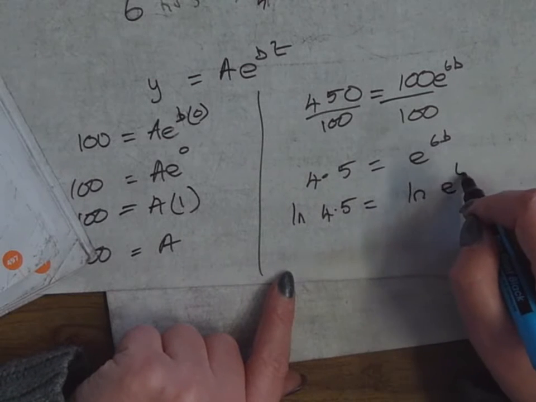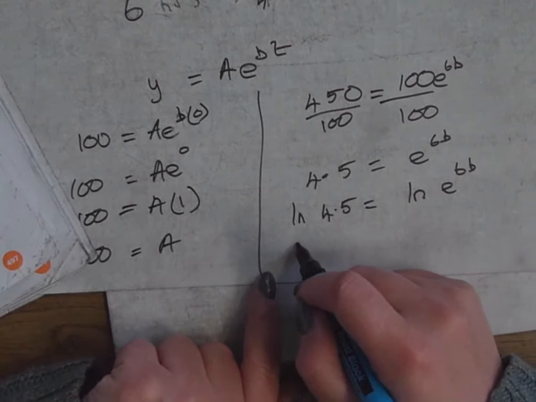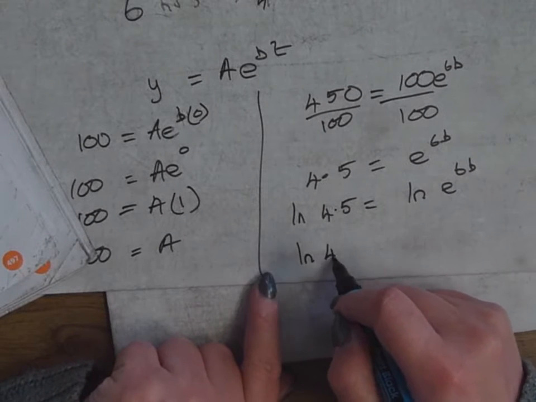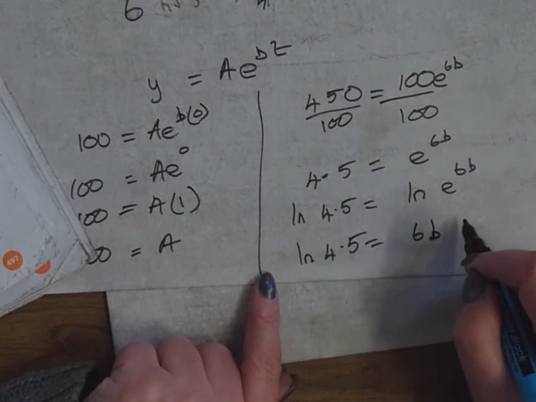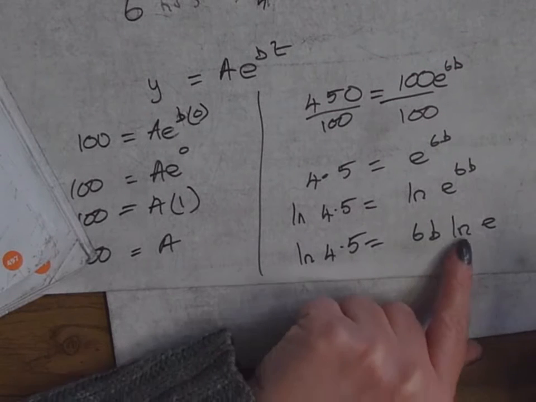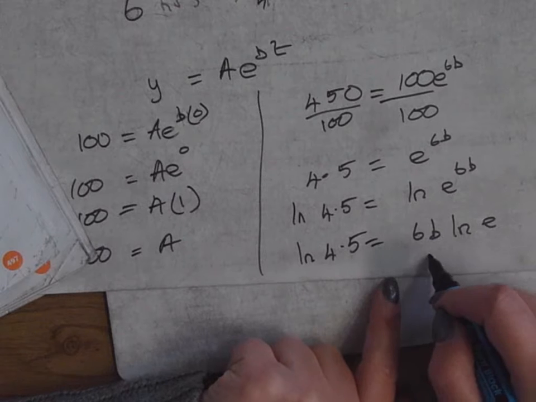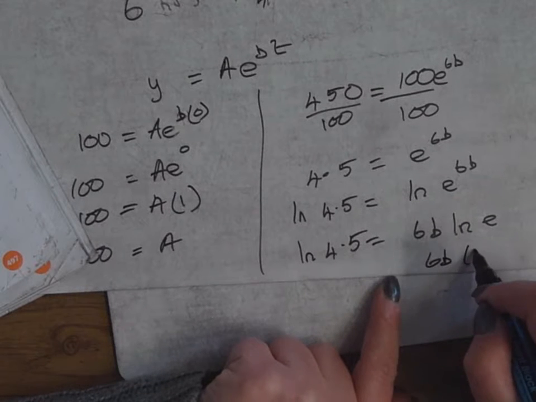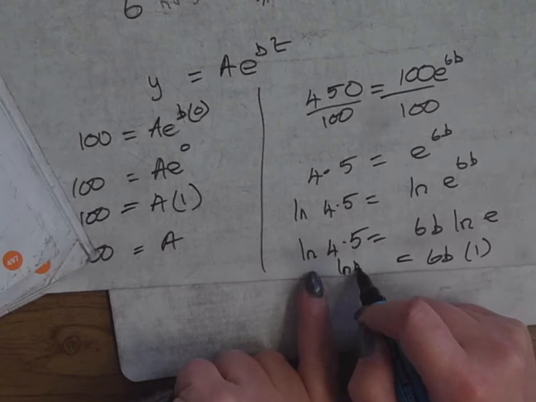I can bring down the power in front, so that's ln 4.5 equals 6b ln e. ln e is log to the base e of e, which is 1. So that's 6b times 1 equals ln 4.5.